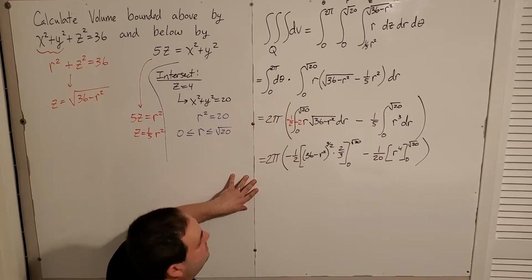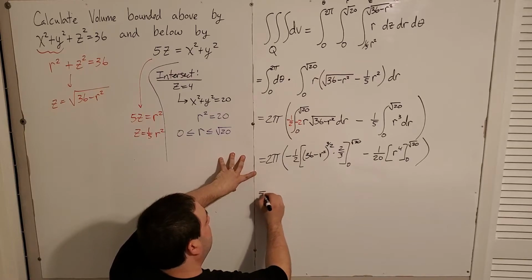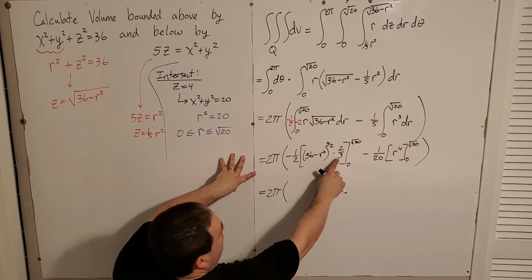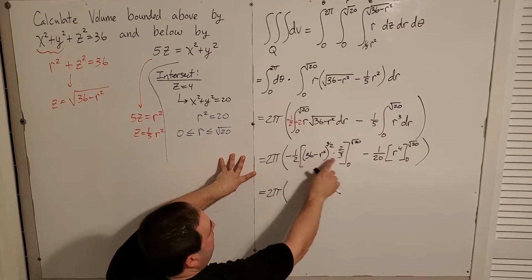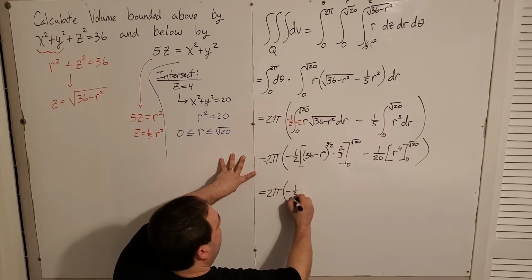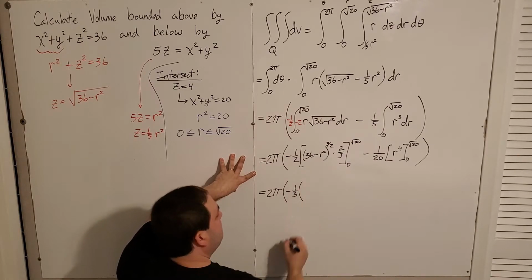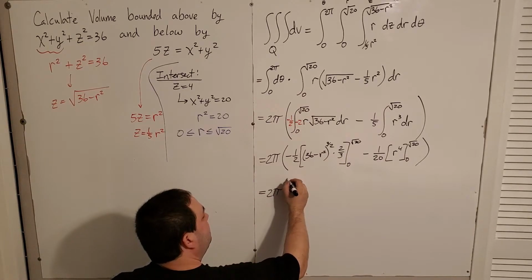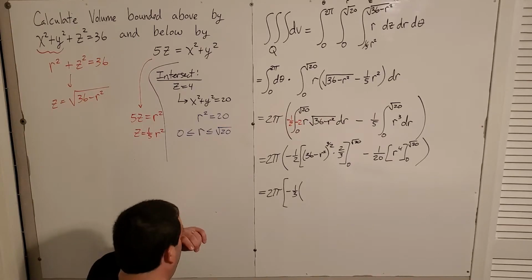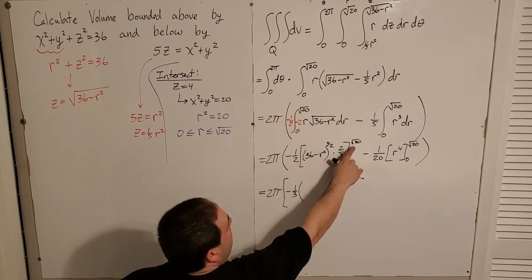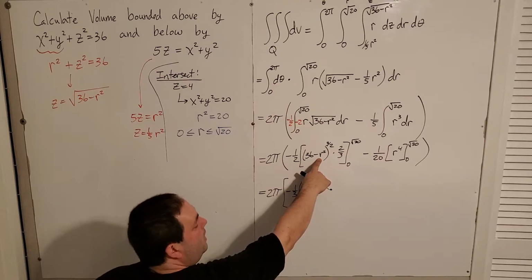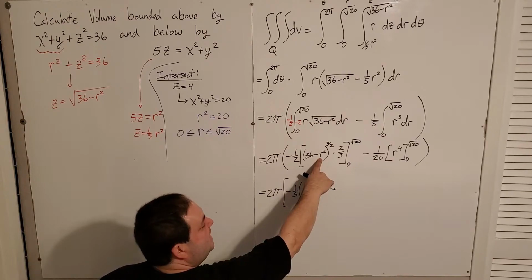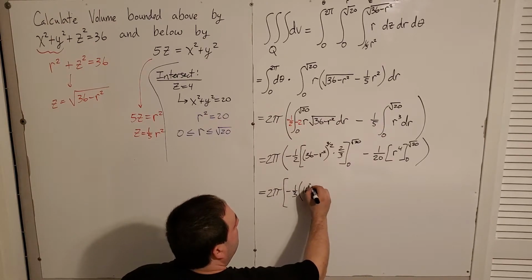Okay, so now we just got some plugging in to do. We've got 2 pi times the 2/3 times the negative 1/2 right here. That's just going to give me negative 1/3 times, let's not get these parentheses confused, I'll just use a bracket to separate that out. If I plug in square root of 20, square root of 20 squared is 20. 36 minus 20 is 16 to the 3/2.